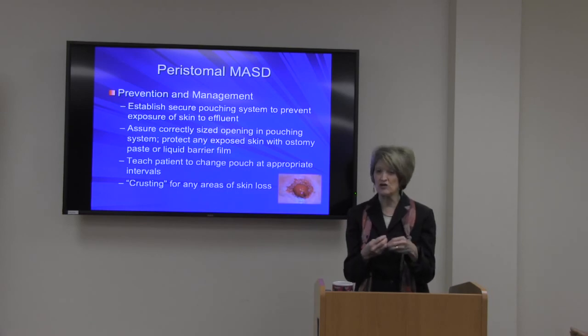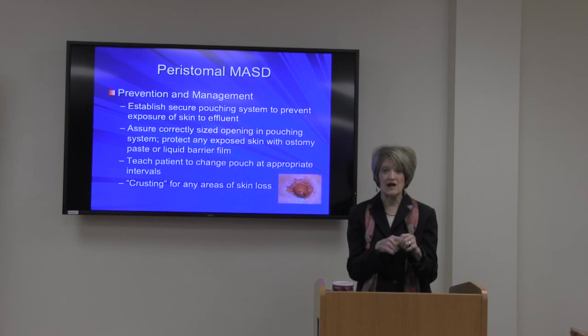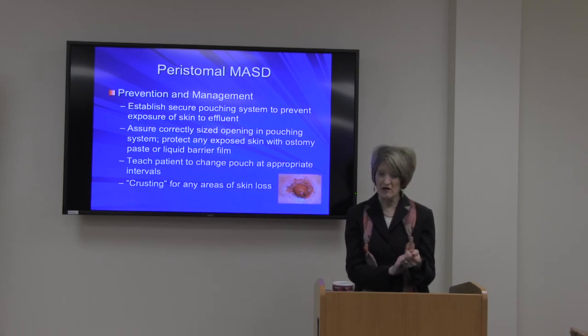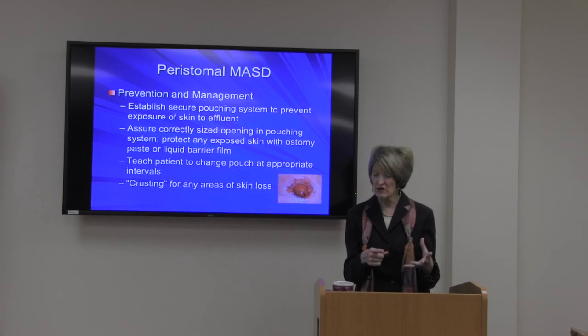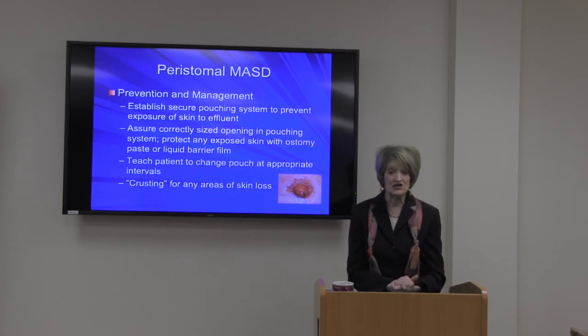I've got to make sure that the patient knows how to measure the stoma and how to size the opening in the pouching system correctly, especially if they have an ileostomy with small bowel output. I want to protect any exposed skin with something like barrier paste or a barrier ring. I've got to teach the patient to change the pouch at appropriate intervals.